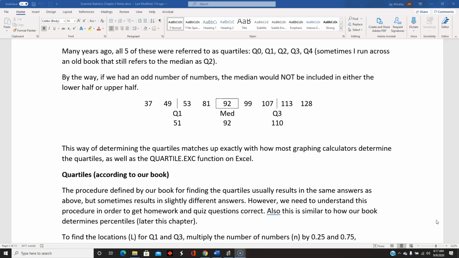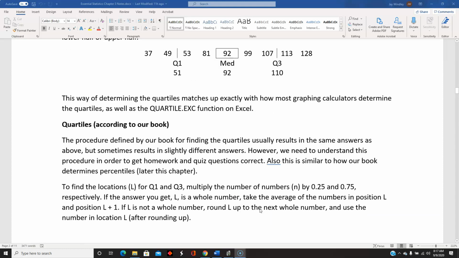But because the problems on the homework and the quizzes are randomized, you need to know how to do it the book way as opposed to the calculator way, or the calculator might cause you to get a problem wrong on the homework. And this procedure is also important to know because it's similar to how the book finds the percentiles, which is coming up in a little bit.